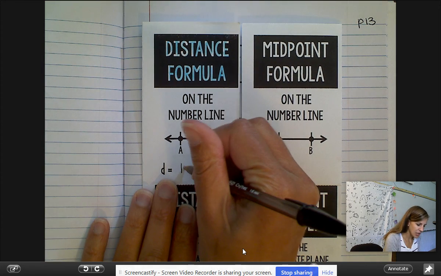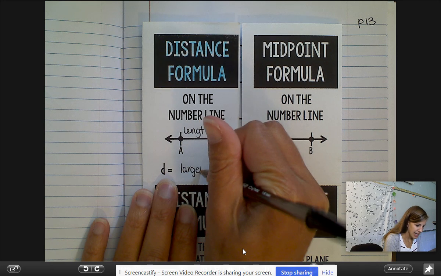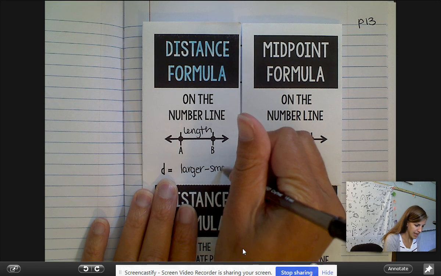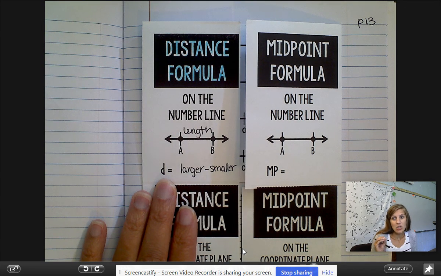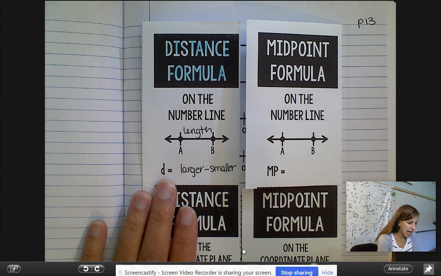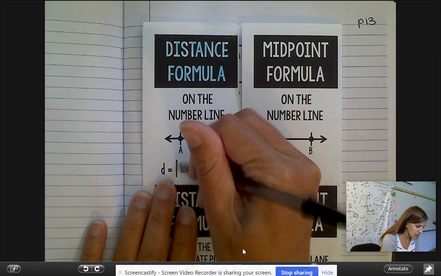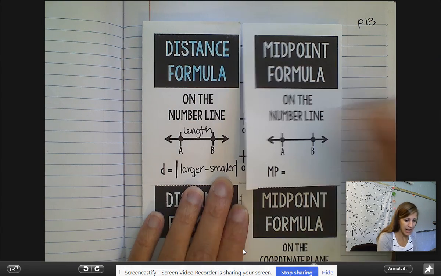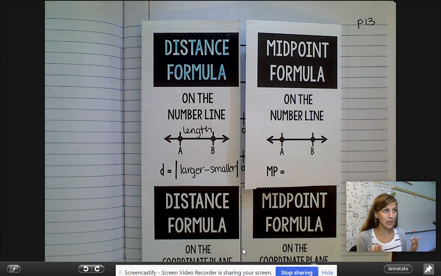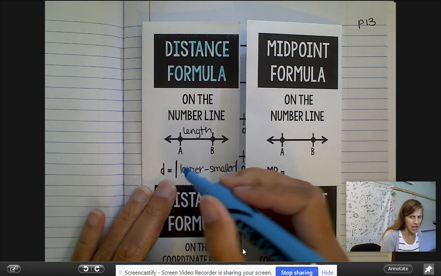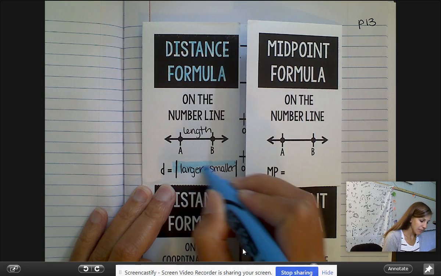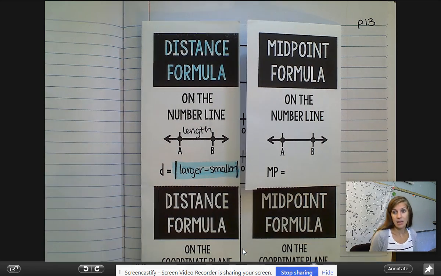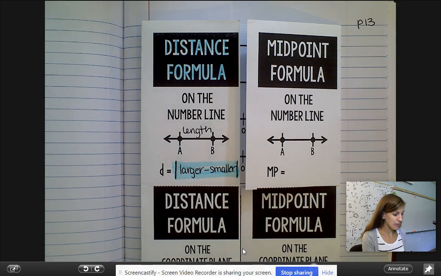We're going to take the larger number and subtract the smaller number from it. But then we have to be careful because distance or length always has to be positive, so we put absolute value bars around it. It doesn't really do anything aside from the fact that if I somehow subtracted and got a negative number, I'm going to take the absolute value and make it not negative. Make sure it's always positive.